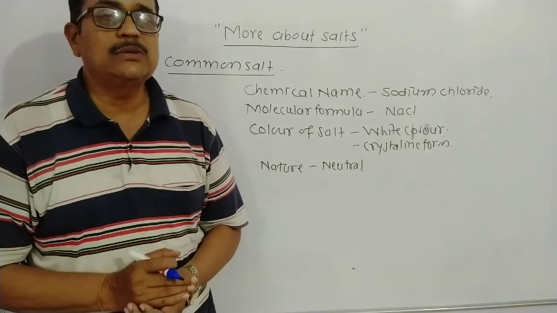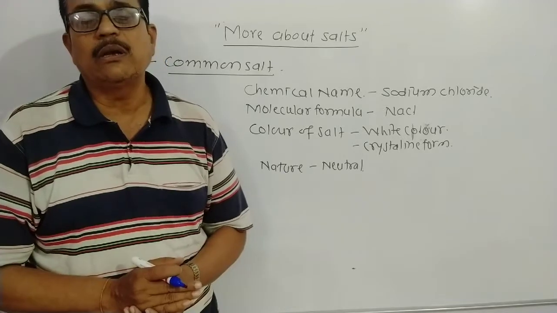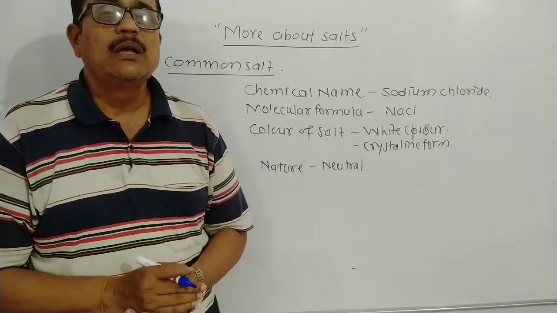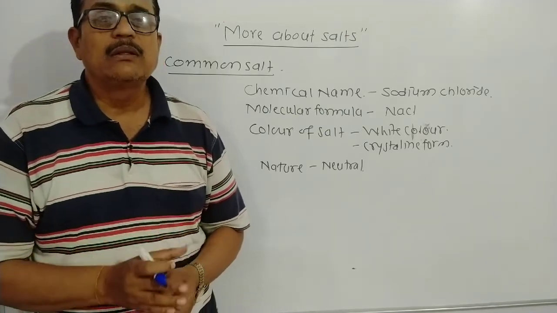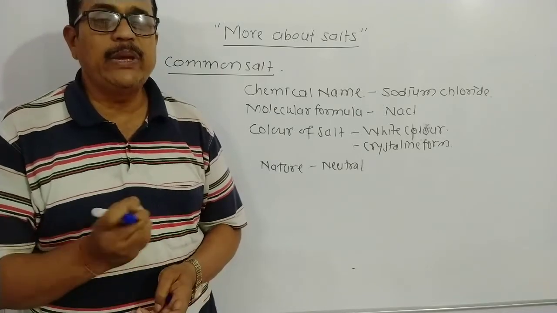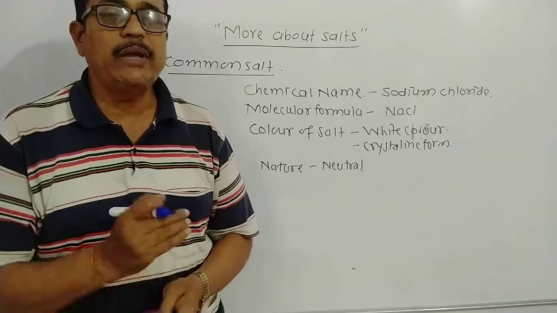Look here, dear student, seawater is the big source of common salt. Common salt obtained from seawater is of reddish color and is present in big crystals, and that is called rock salt, an impure salt.